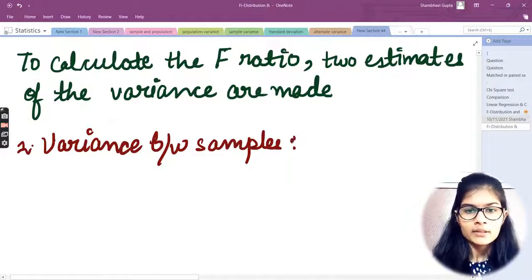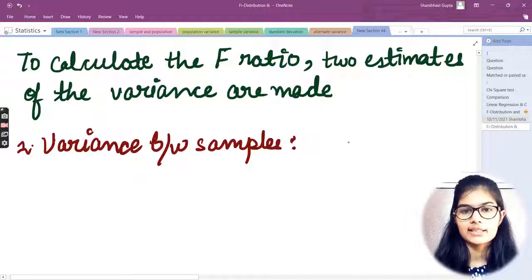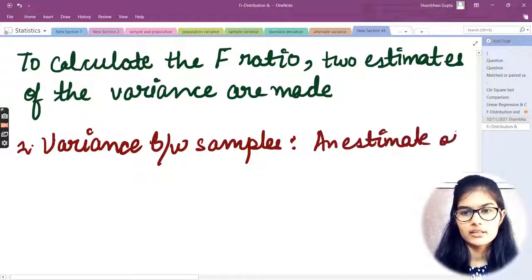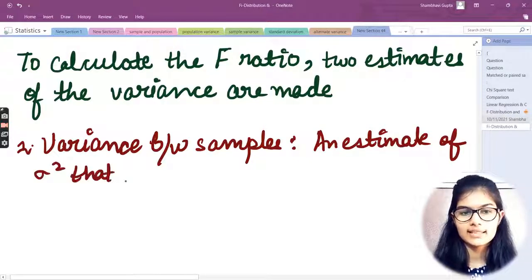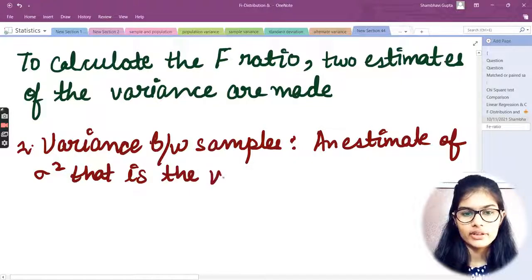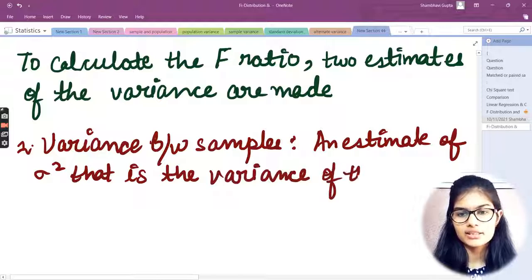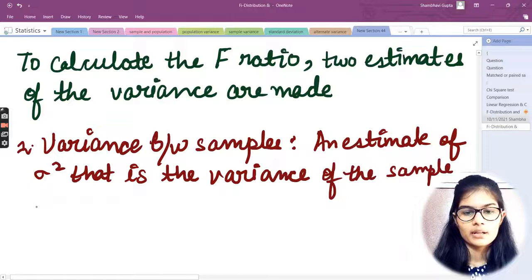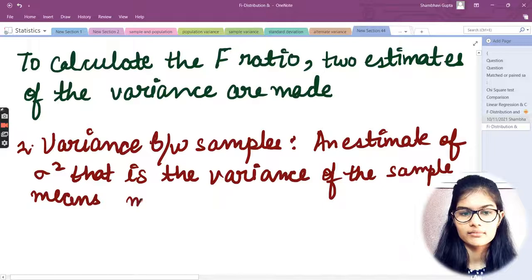Here it is: an estimate of sigma square, that is the variance of the sample means multiplied by n.